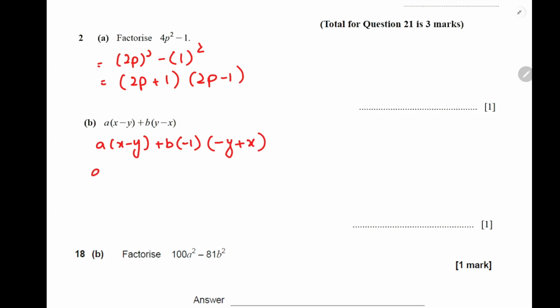Now see, this will remain as it is. B into negative 1 is negative b. And here I can write it as this one. Now you can see the brackets are same. So I can take x minus y common from these two. So I'll be left with a negative b. This would be my answer.